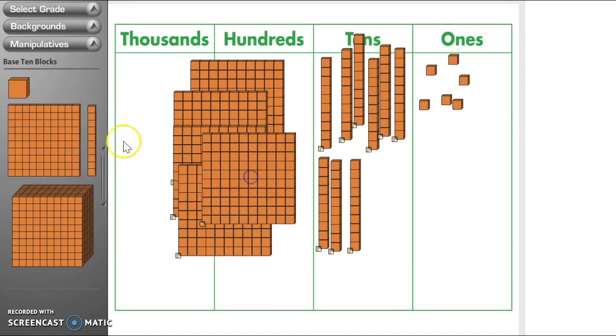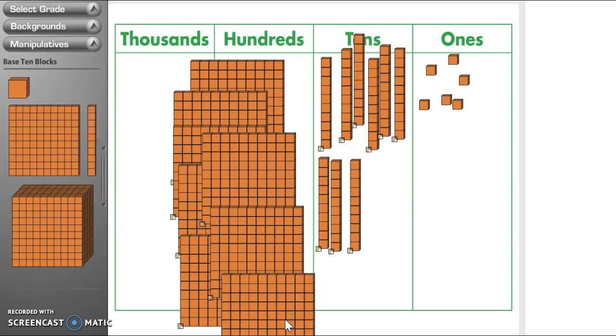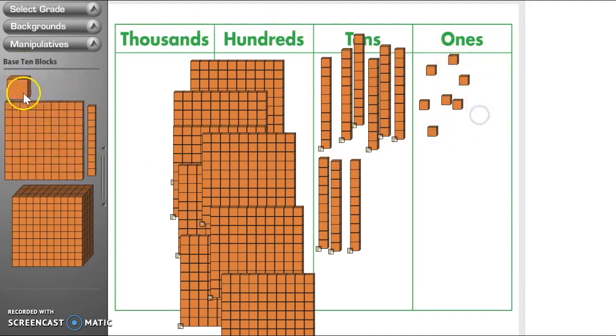1, 2, 3, 4, 5. I'm sorry, our work mat's getting kind of full. 0 tens and 3 ones.